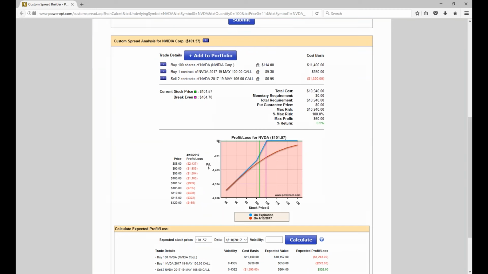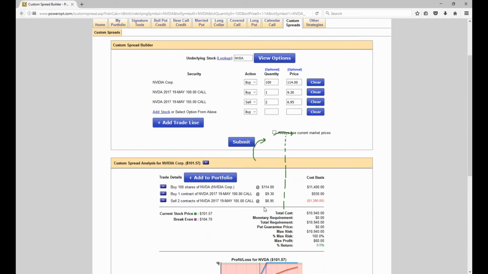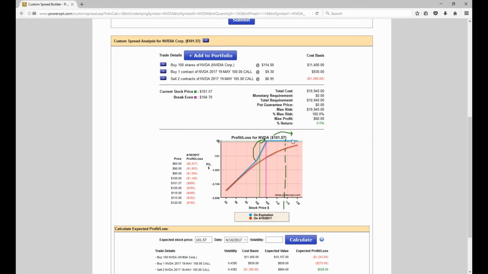Your original cost basis was at 114. So you could get back to break even faster using the stock repair. You only need the stock to move up to 104.70 or 105. Now again, this is roughly about 70 days out in time. Shorter term repair could not be found, and it's possible that NVIDIA could continue up.